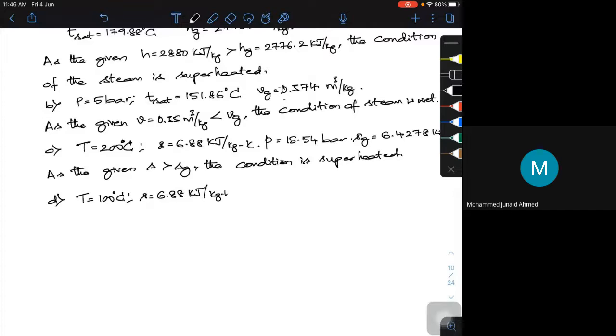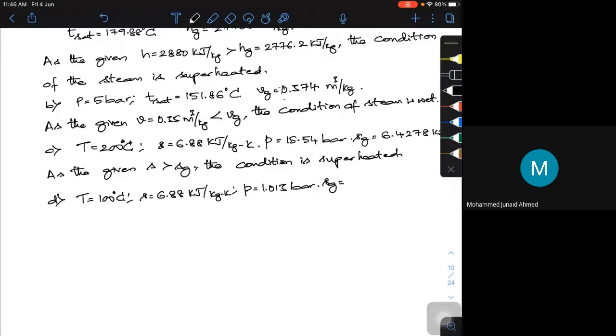Now look at the pressure for that and the corresponding Sg. What is the pressure for that? It is 1.01325, that is 1.013 bar, atmospheric.